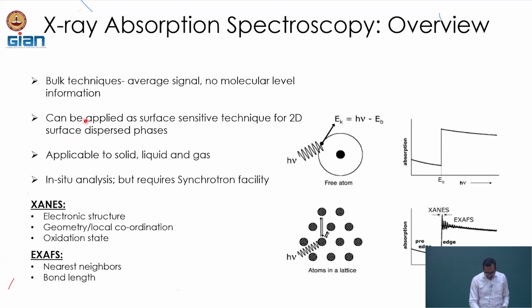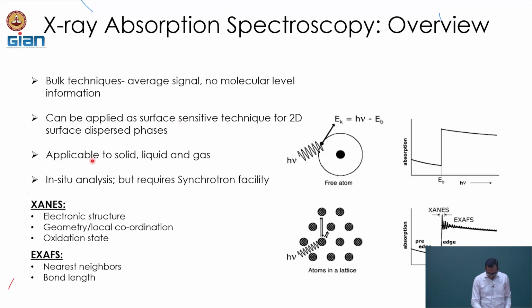But it can be applied as a surface technique to some of the examples that we saw, like low percentage of tungsten oxide on silica or low percentage of moly on ZSM5, where you have submolar layer coverage and it's sensitive to those things. Just like Raman, even if it penetrates to the bulk, we are able to get the surface information because at the relevant Raman vibrations, the vibration from the support does not appear in that regime.